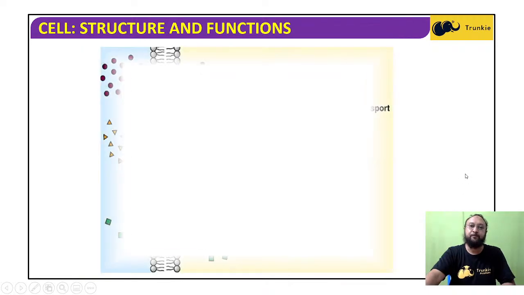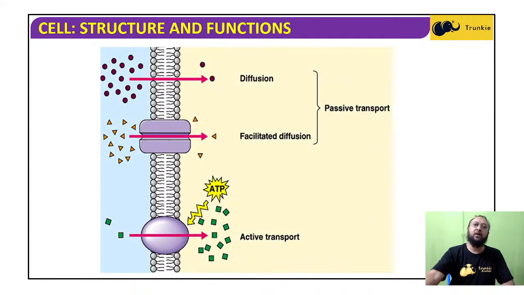Now diffusion goes from higher concentration to lower concentration, that is passive transport, and in case of active transport there is a requirement of energy, ATP. So molecules move from lower concentration to higher concentration. This kind of movement of molecules across the plasma membrane is diffusion, facilitated diffusion, and active transport. Both diffusion and facilitated diffusion are passive transport because they do not require expenditure of energy.